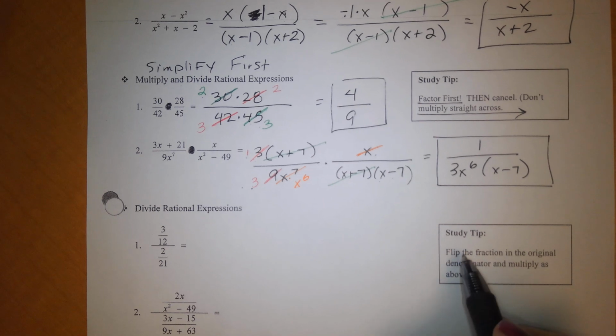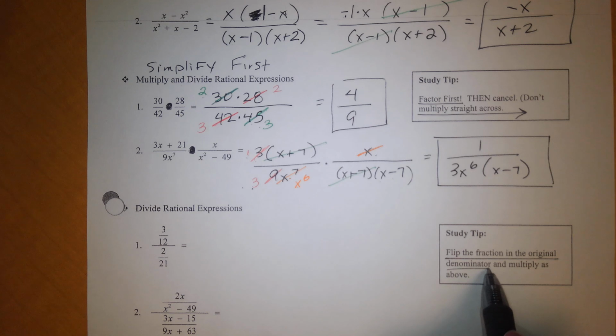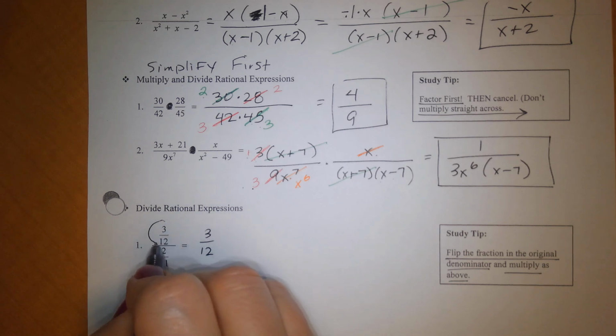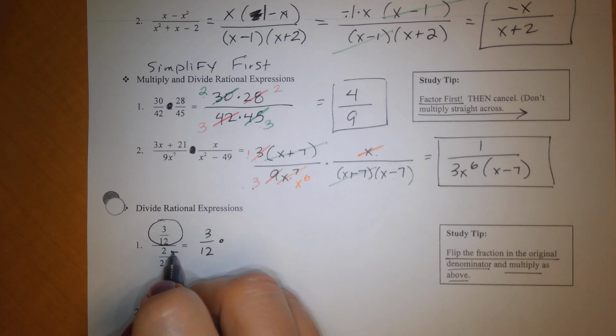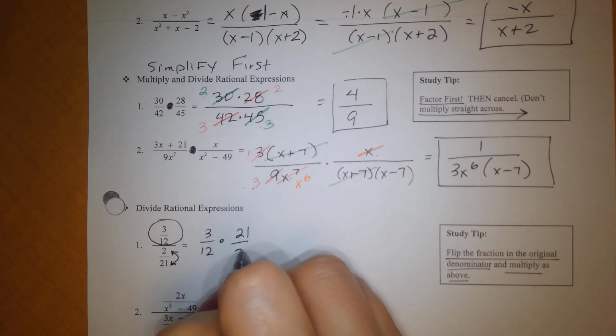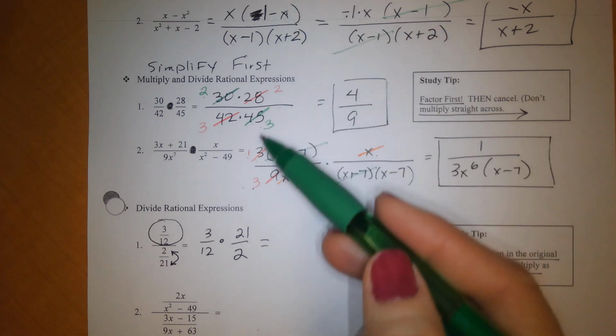When we divide, what you're going to do is flip the fraction in the original denominator and then multiply like we did above. So we're going to take the numerator, and multiply that times the reciprocal of the denominator. And then do like we did up here.